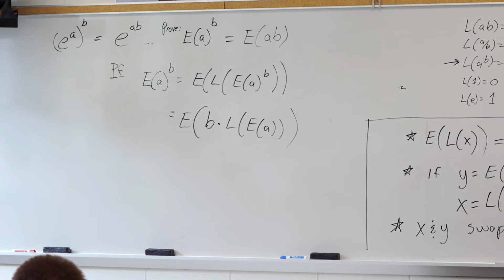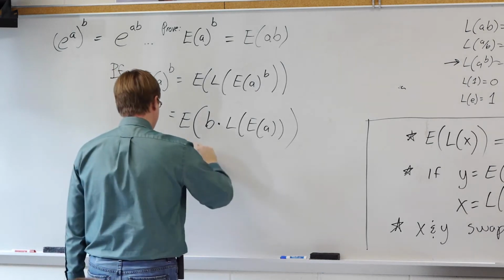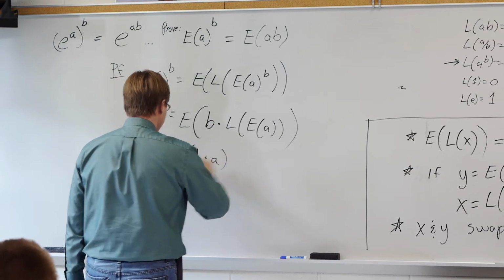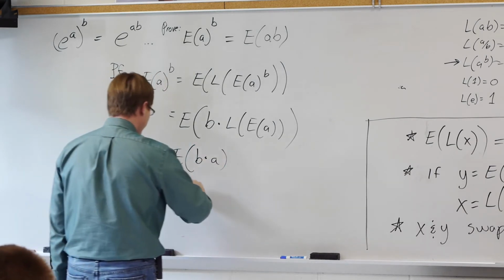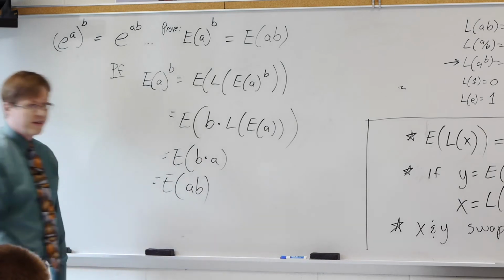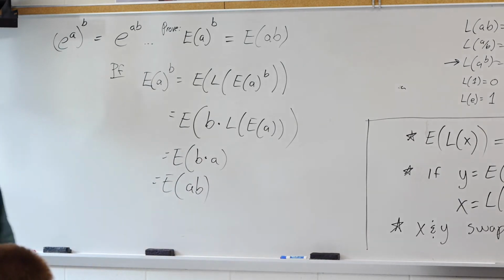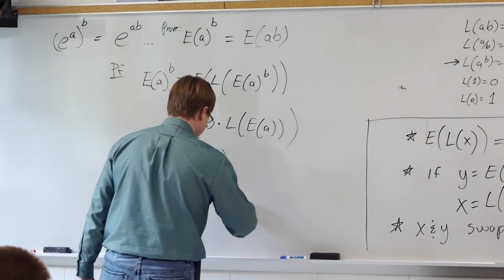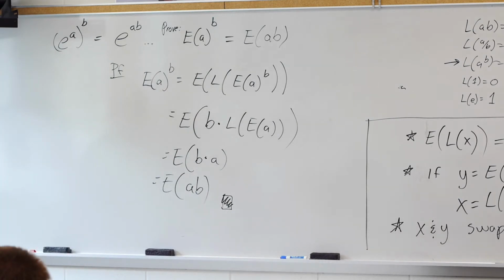But L of E of a is just a. So that's E of b times a. But since multiplication is commutative, it's just ab. Same thing. Ta-da! Box. Happy day.